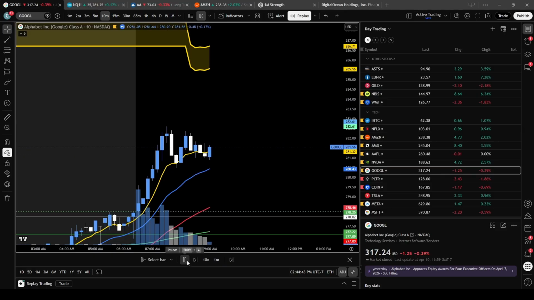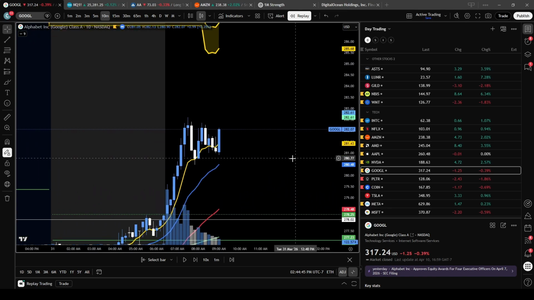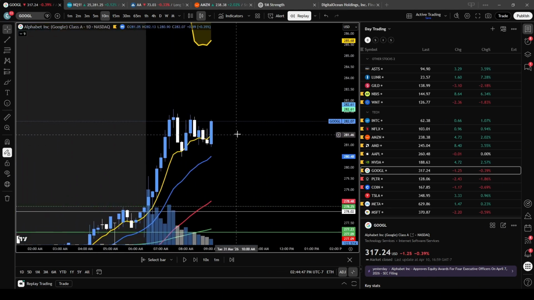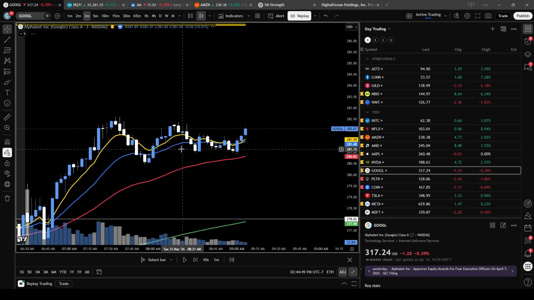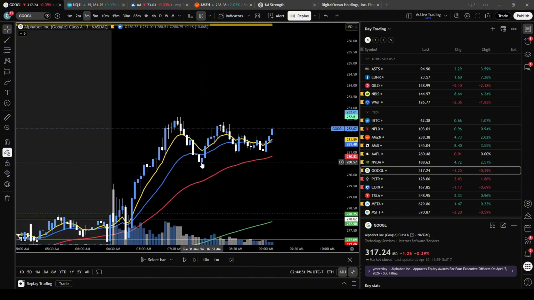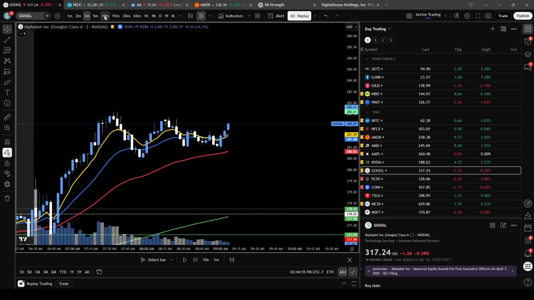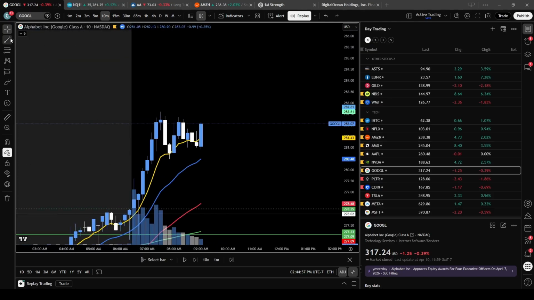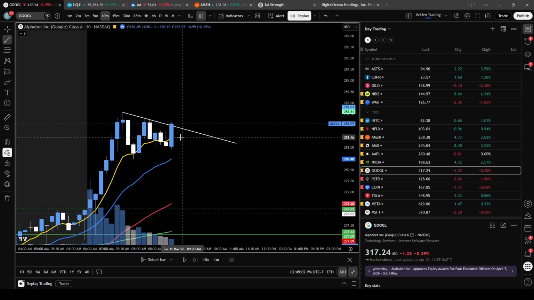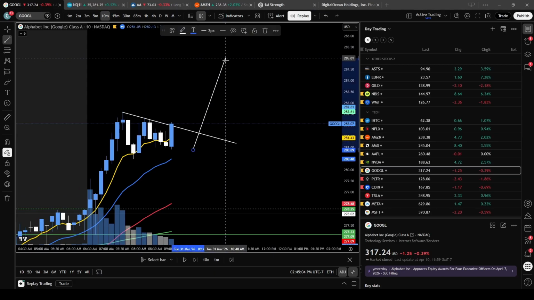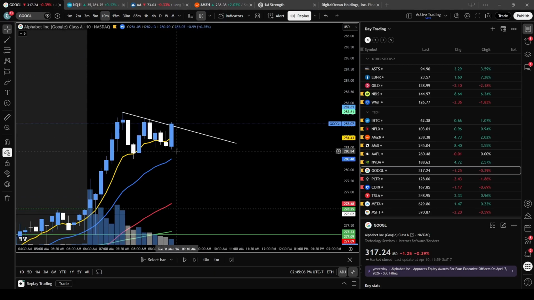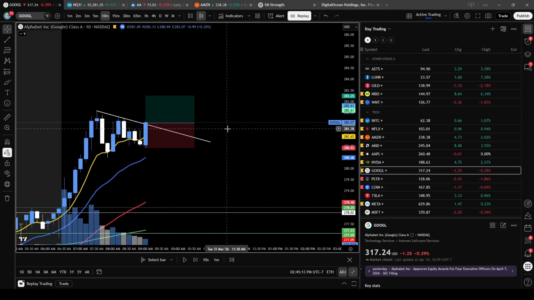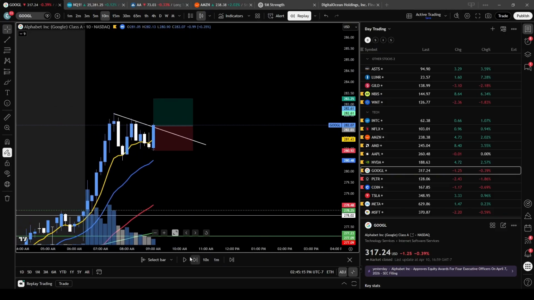So what we're gonna do instead is we see this base forming, but we're not gonna be entering on any EMA taps because this price action is trading underneath the 20 EMA every time on the 3-minute. So we're gonna wait for this trendline break, and then because risk would be just the bottom of the entry candle all the way down here, you'd be sizing less just because the risk is increased.